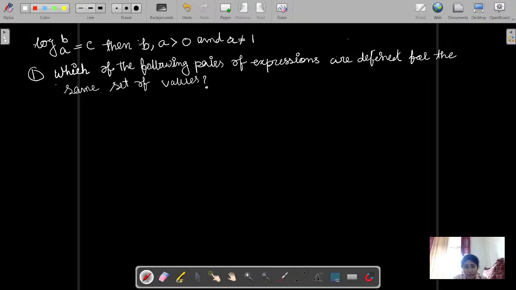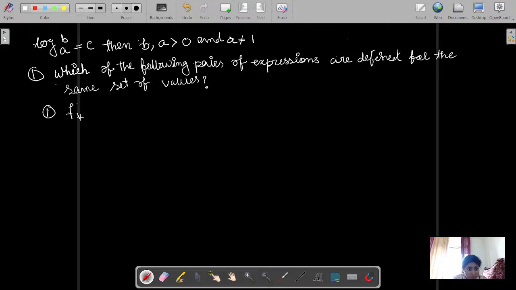So here I will be writing some pairs of functions or expressions. Okay, and we have to find out for which pairs it is defined for the same set of values, or which are the pairs that have the same domain. Okay, so let us find out.